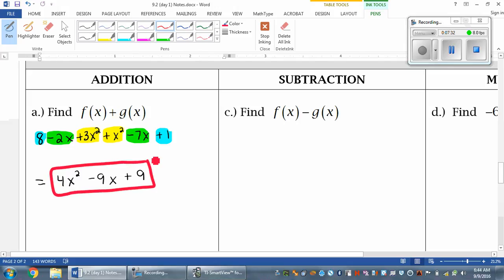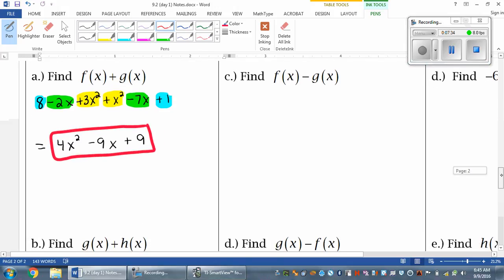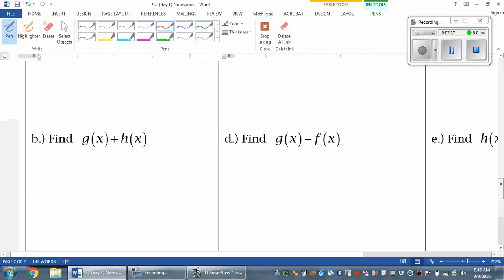All right, let's go ahead and move on to B. What I want you to do is pause the video and complete now g of x plus h of x. So again, g is going to come first, and then I'm going to write h of x and combine like terms.